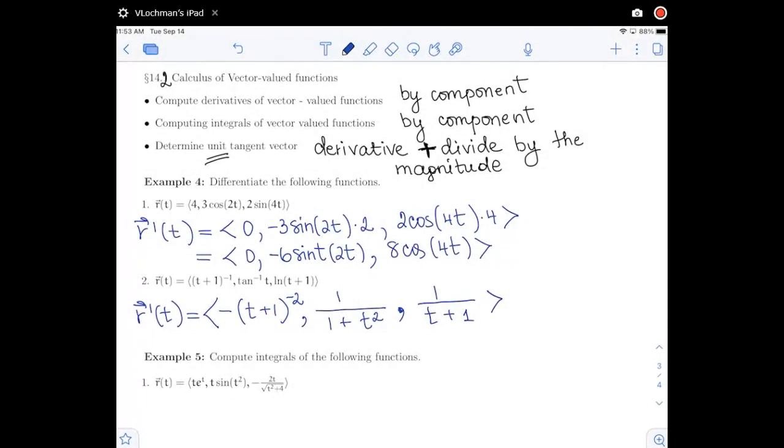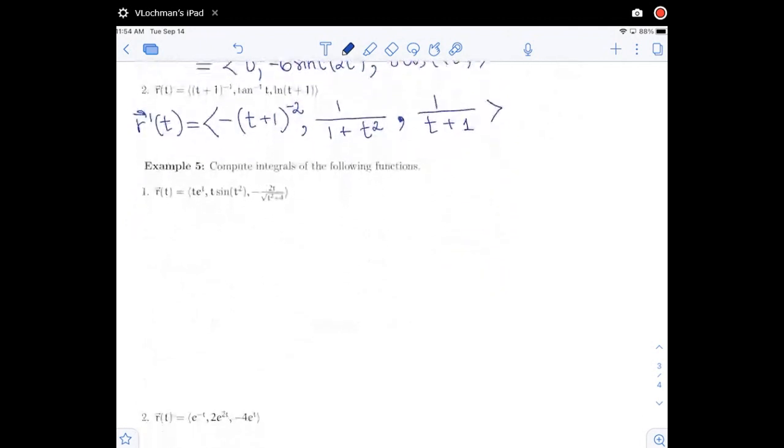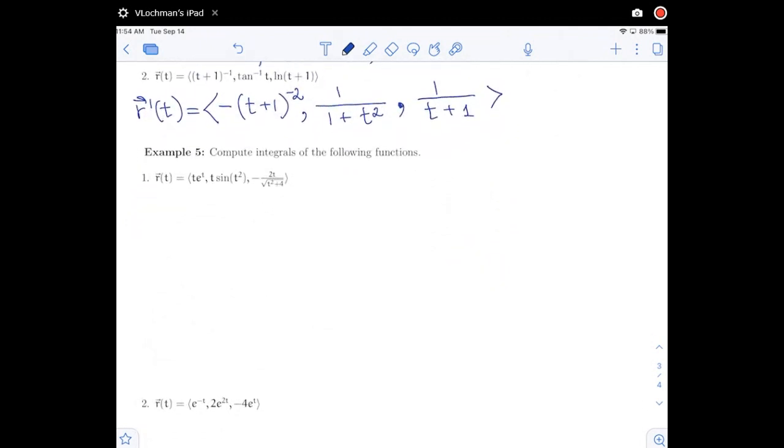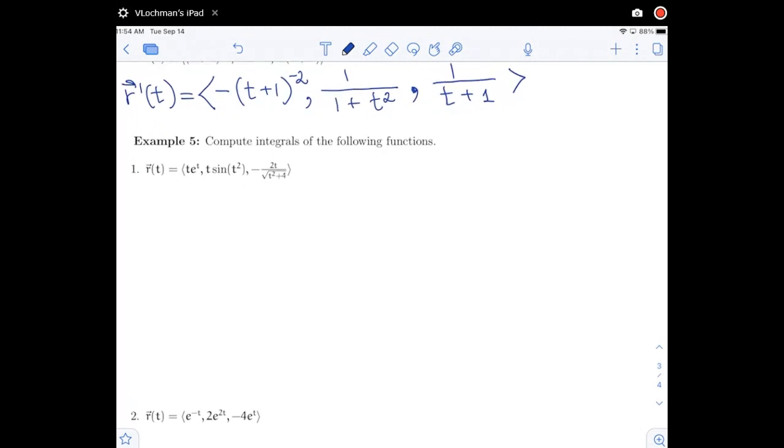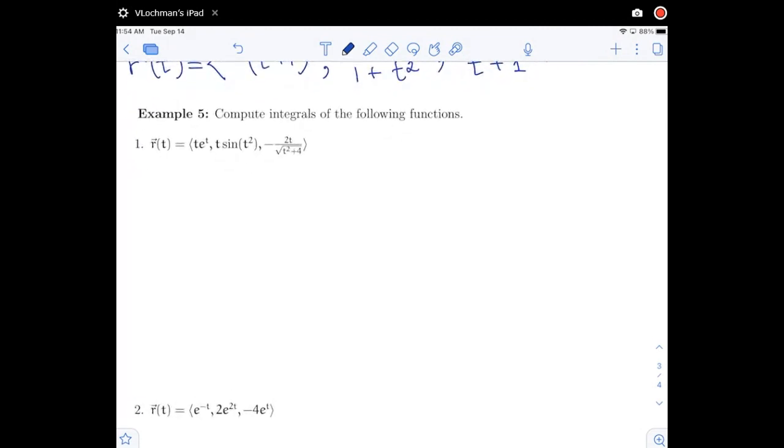Then the next logical thing to discuss is computing integrals, also by component. This problem says compute the integrals of the following functions. Let's see if we remember our methods of integration. So the first integral, t e to the t dt.